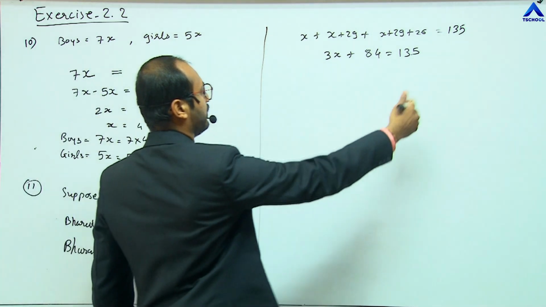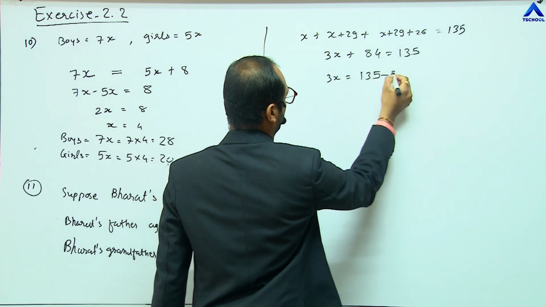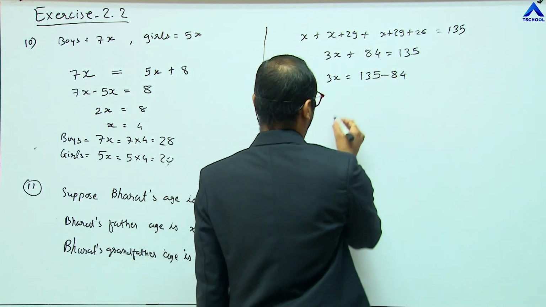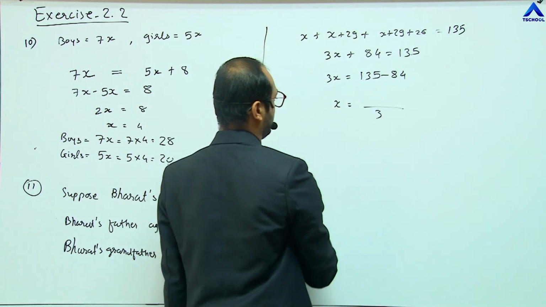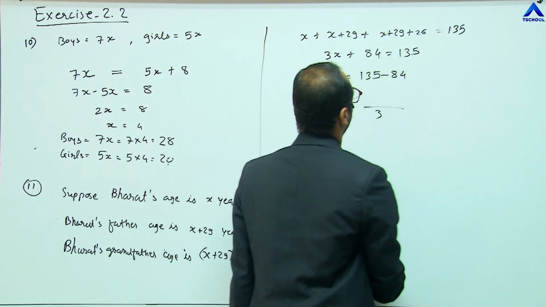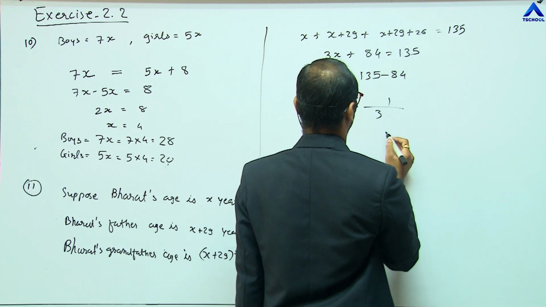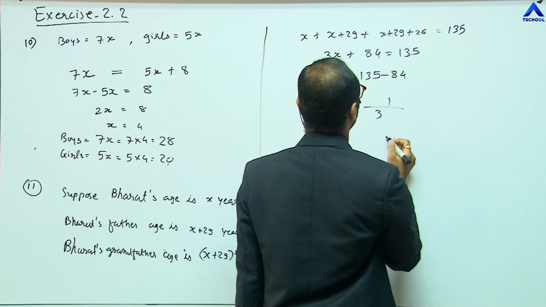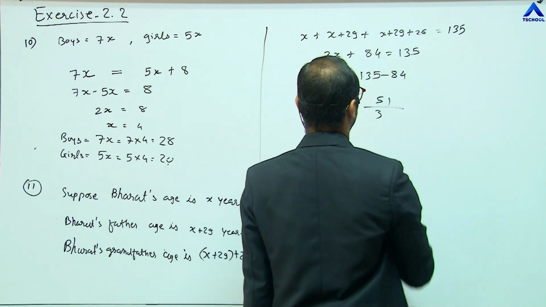Now, 135, let me subtract 84 on both sides, and then divide by 3 on both sides. So 135 minus 84 is 51. Clear?